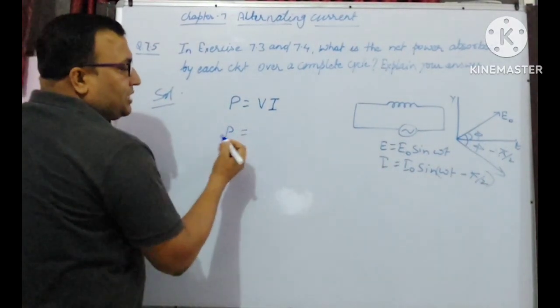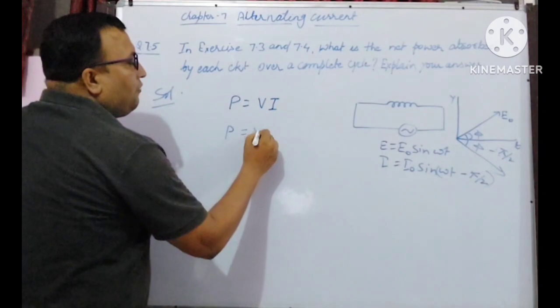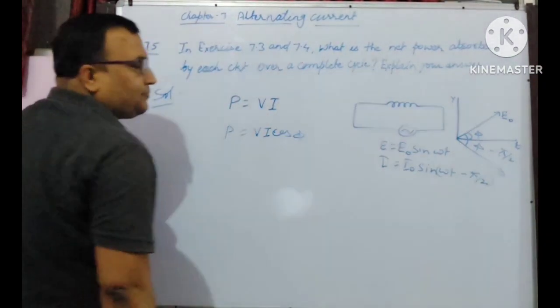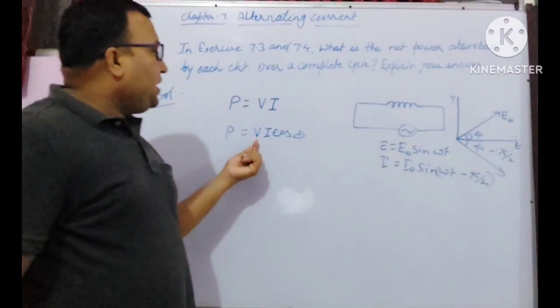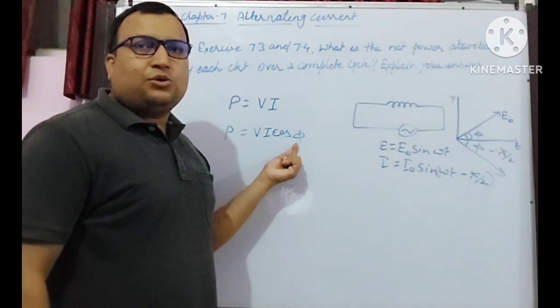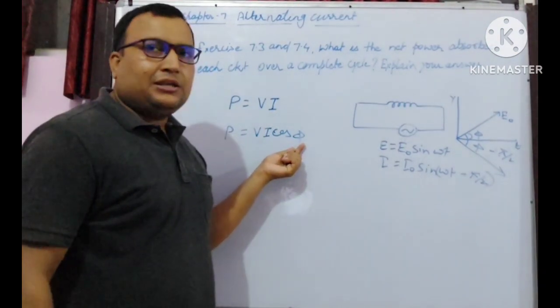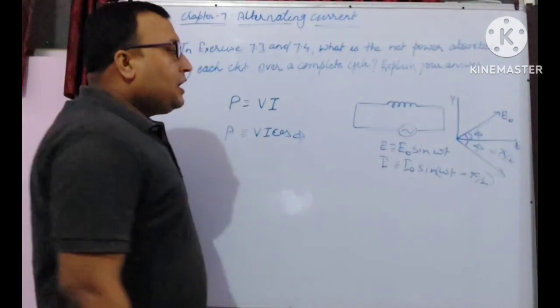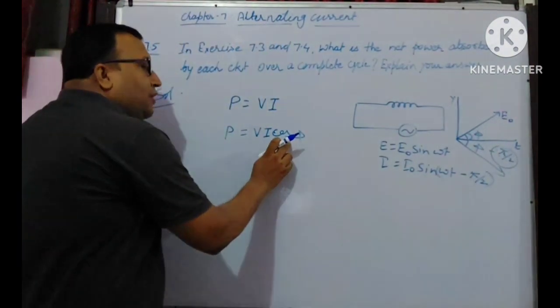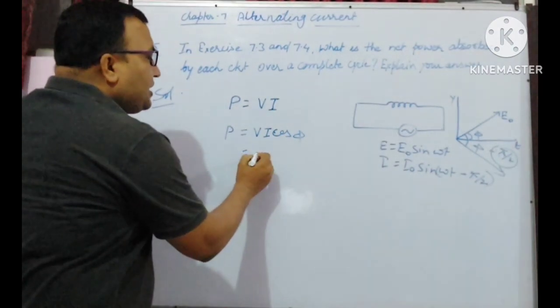P equals V into I cos phi. This means the angle difference between the potential and current is phi. That is called the phase difference. Now this phase difference is 90 degrees. If you put the value of cos 90, then what result will come?